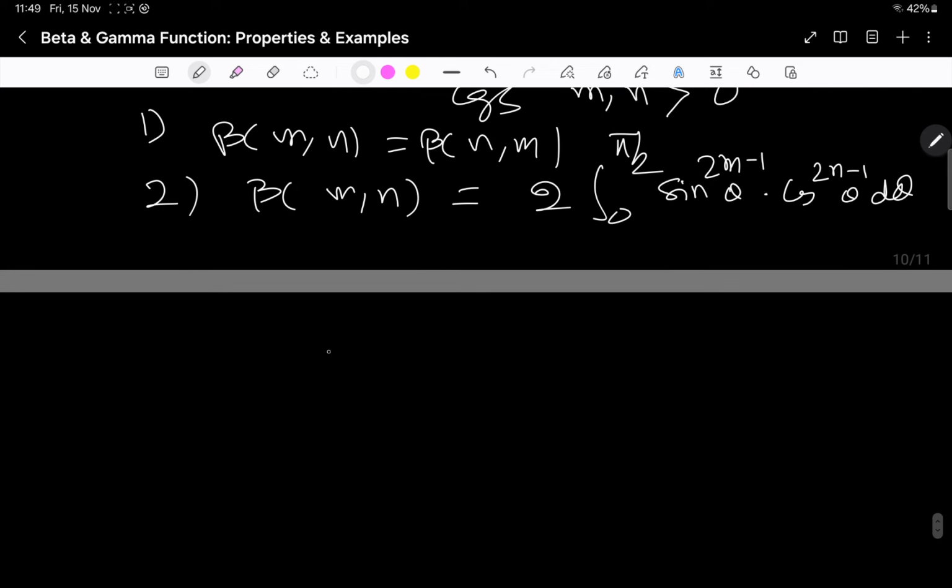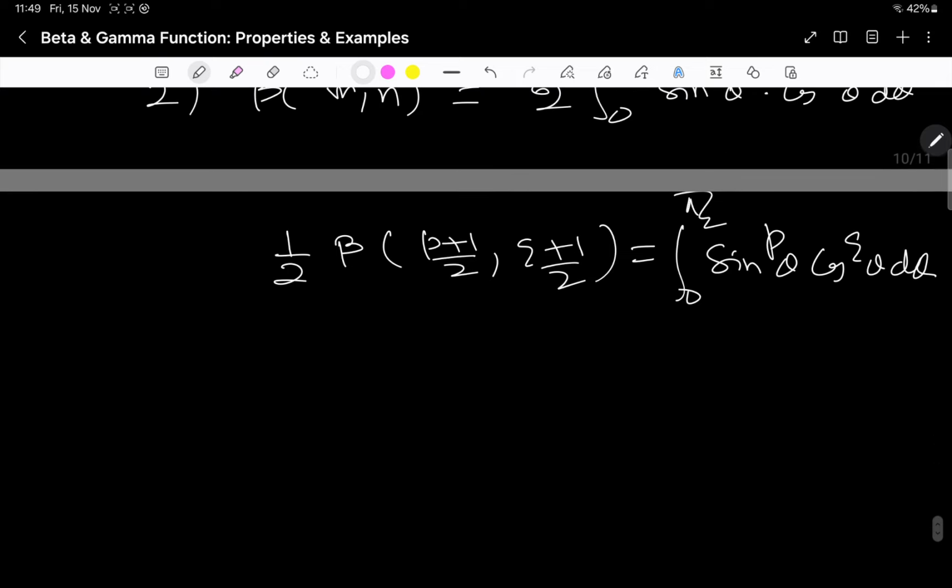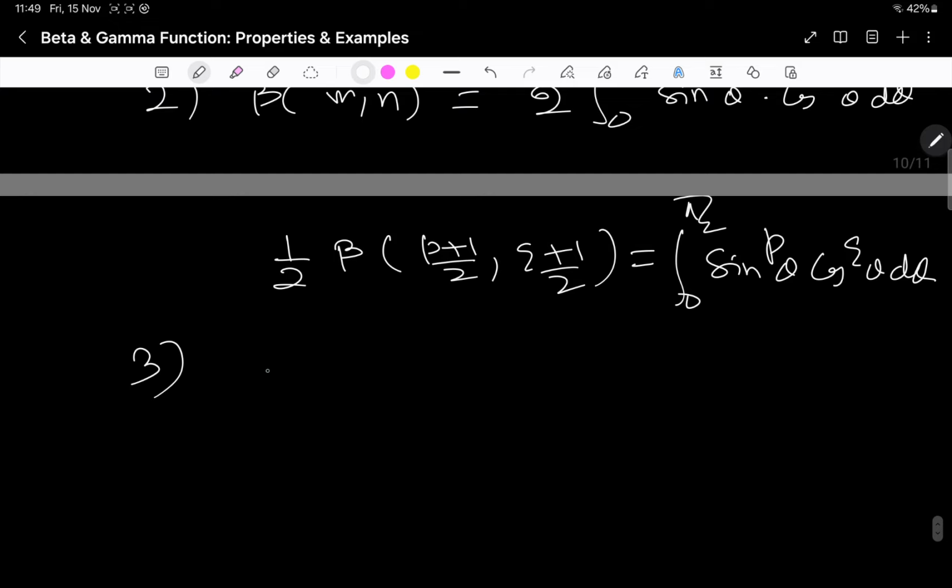We further simplified it to get half beta of p plus 1 by 2, q plus 1 by 2 is integral 0 to pi by 2 sine to the power p theta cos to the power q theta d theta.